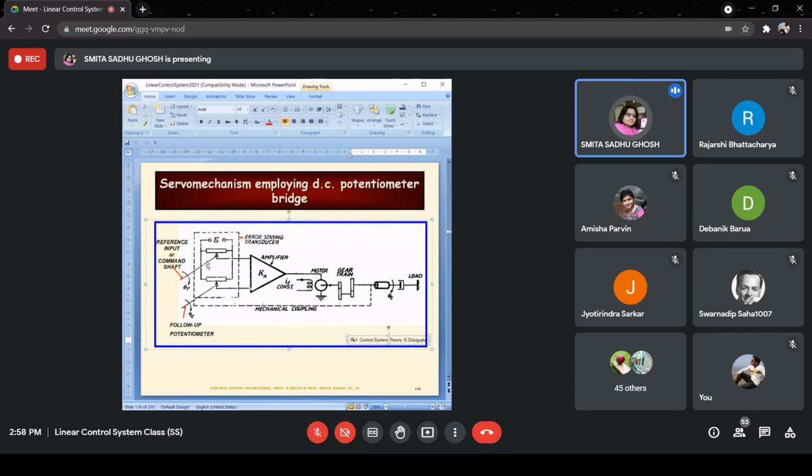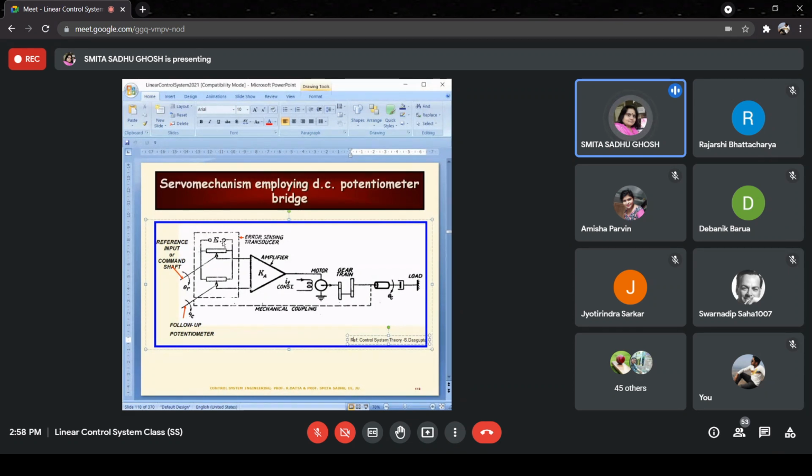It's going to be proportional to theta r minus theta c, which is equal to 0 when theta c is exactly equal to theta r. So that will apply a zero voltage over here, and hence a zero voltage will be applied to the motor. So no further rotation will take place once the load shaft angular position is exactly equal to the command shaft angular position.